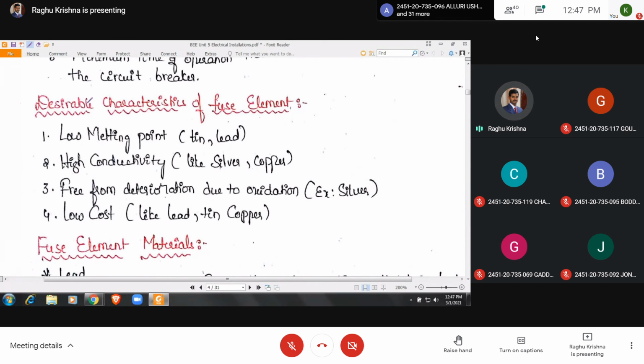So what are the desirable characteristics of a fuse element? First important one is low melting point. Whenever a short circuit occurs, overcurrent flows. When overcurrent flows, the fuse melts. Why does it melt? Due to temperature. When the temperature increases, the fuse melts. So, low melting point.